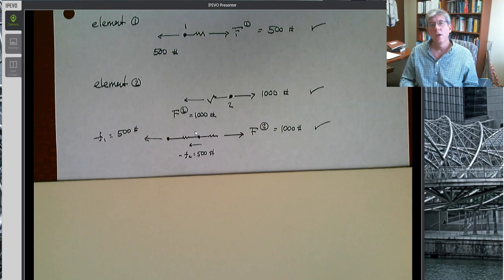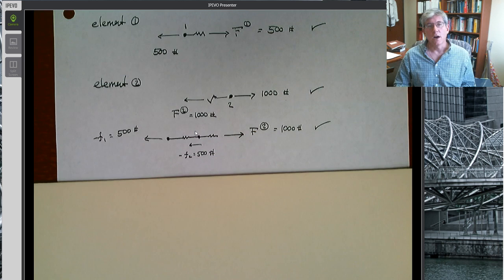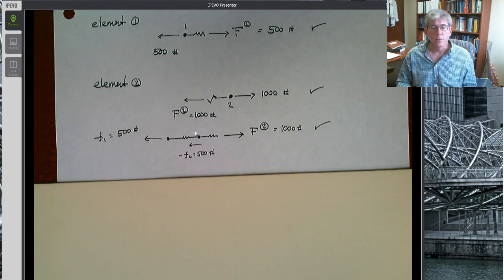So that checks out. There are other ways we can check our solutions. We'll talk about that at different points in the class, but that's basically it. So what's important in this? We use the 8 steps. It's a bit long-winded, but make sure to check step 4. That's a very important step, how we derive the element stiffness matrix. Also, step 6, how we solve using the displacement boundary condition.